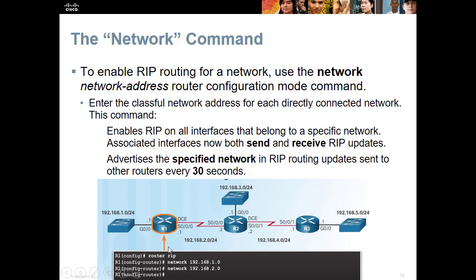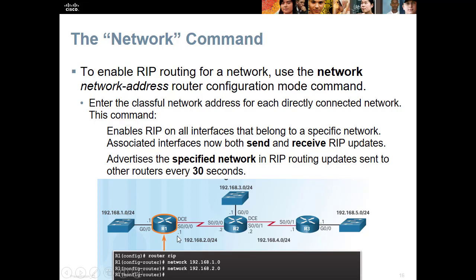What we're going to do is go into router 1. And in router 1, we're going to say network followed by the exact network that we have on the left link. Enter. Network followed by the exact network we have on the right link. Enter. And the two things it does. Item 1. When you use the network command, router 1 is going to look for an IP address on your router.